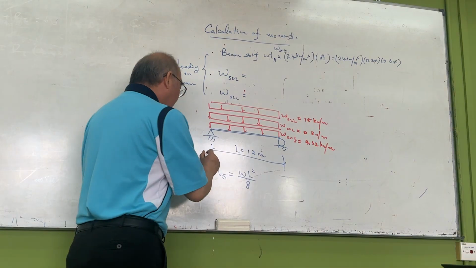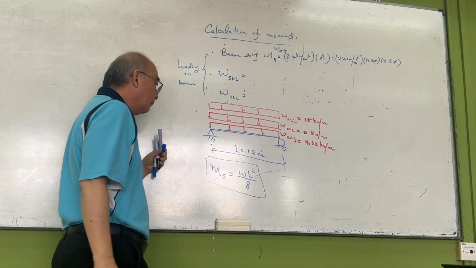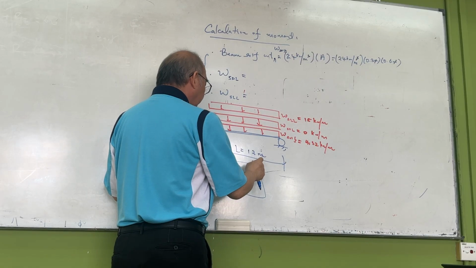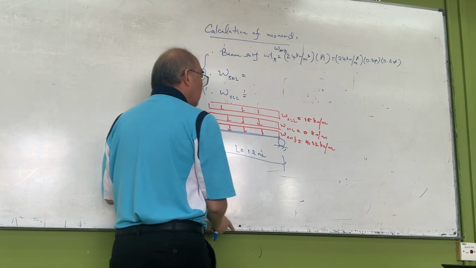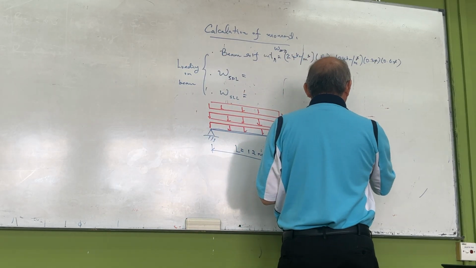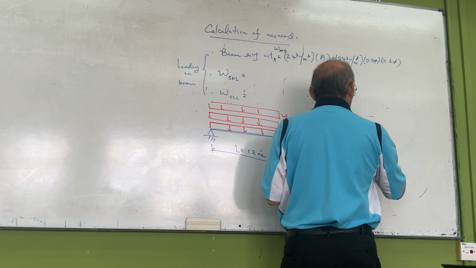Okay? So we have to memorize this one: WL squared over 8. Okay? And so MS, the service load moment, is equal to WL squared over 8.